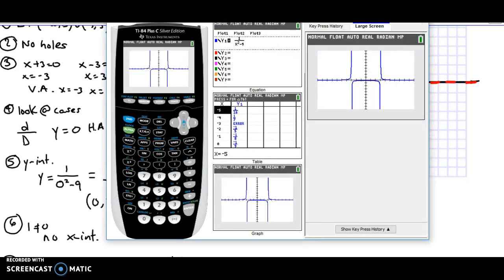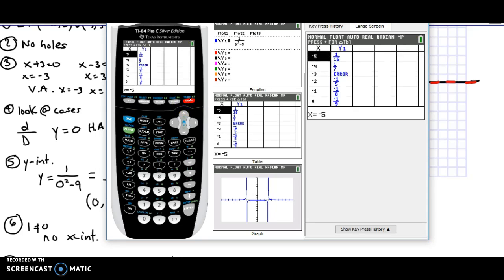So this is the image of my graph. Roughly you can see the vertical asymptote and the horizontal asymptotes. If I go ahead and find my table here, this is my table for my actual graph.